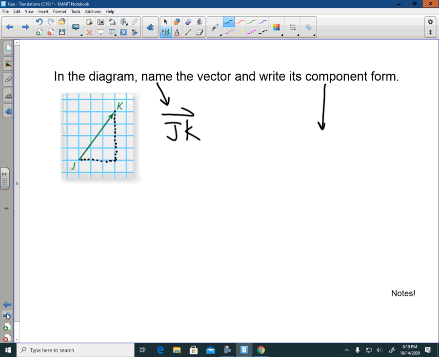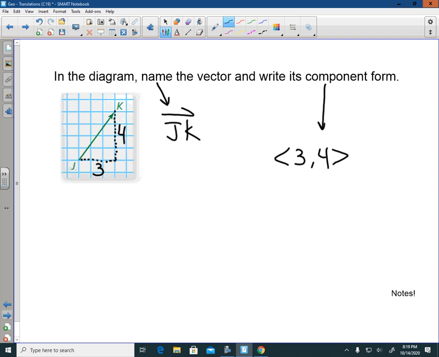So we have 1, 2, 3 units to the right, and 1, 2, 3, 4 units up. Now these are positive numbers because we've moved in the positive direction both times. And so we start with the x component, which is 3, and then we write our y component, which is 4, and then we put these little braces in, and that is what that vector looks like in component form.